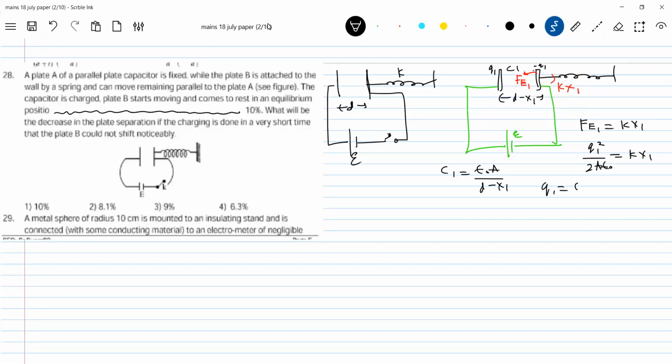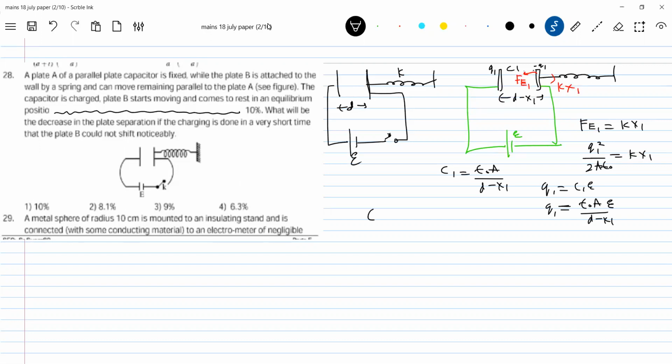Therefore Q1 equals C1 into E. This is what he has given, E only. Fine. So this value of Q1 I'll substitute there.